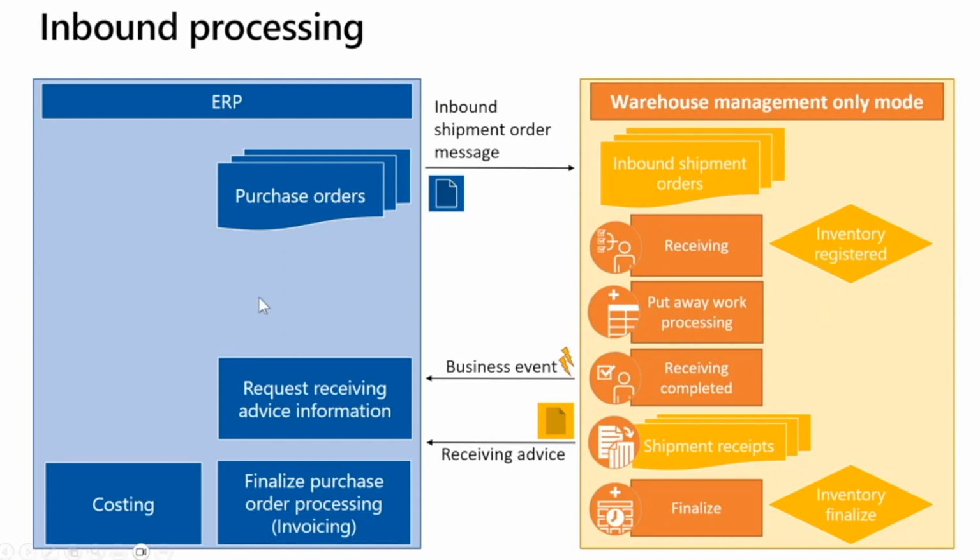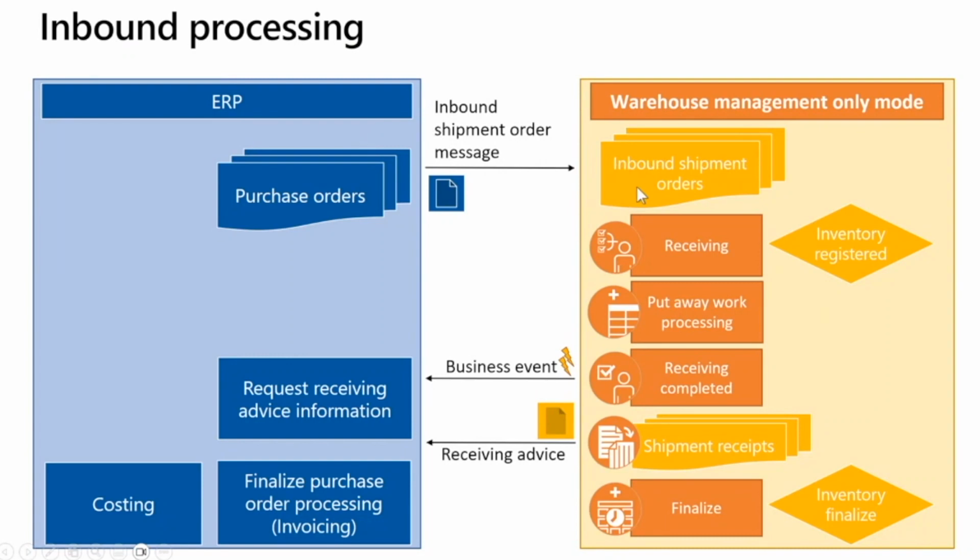So the blue part, the ERP order management process here, whether it's a purchase order or any other order, like it could be a sales return order process as part of this system here, doesn't really matter in the first phase, at least for the warehouse management only mode. We will, no matter what, end up taking in an inbound shipment order message and creating an inbound shipment order.